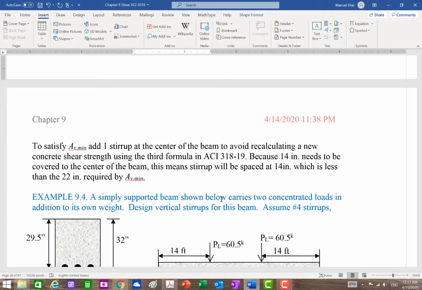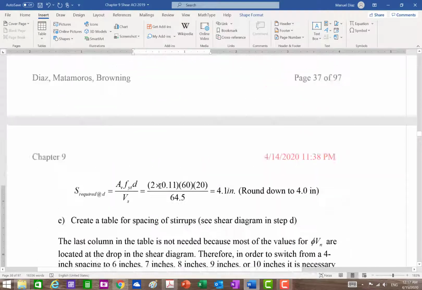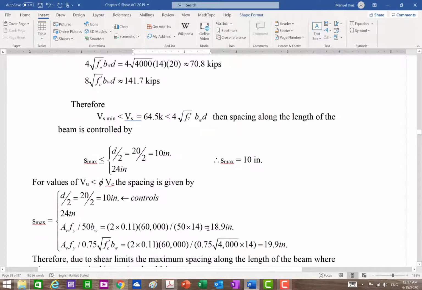And since we need only 14 inches to get to the center, that value is way below the 22 that is controlling the minimum numbers, right? Oops, doesn't look like 22 here. Minimum value is 19.